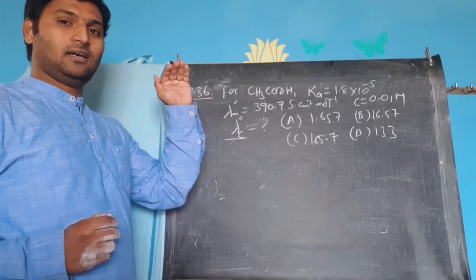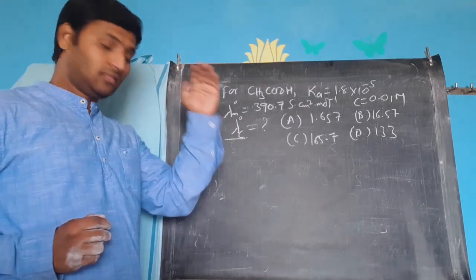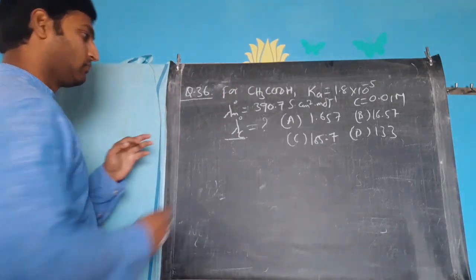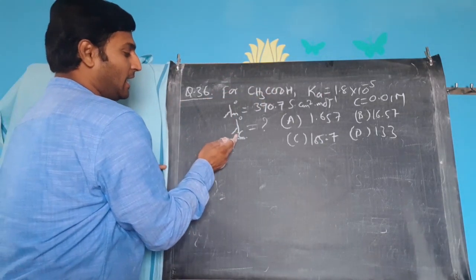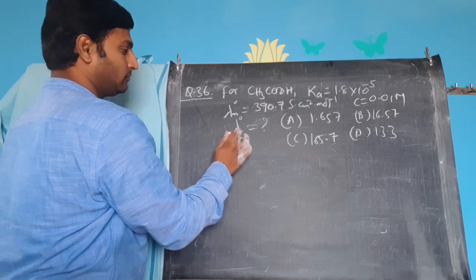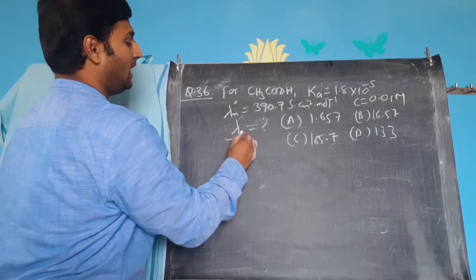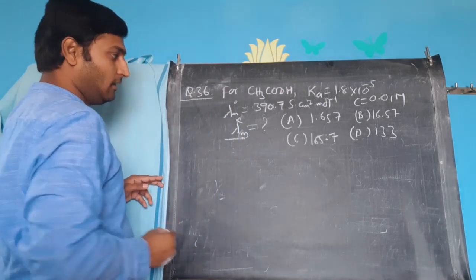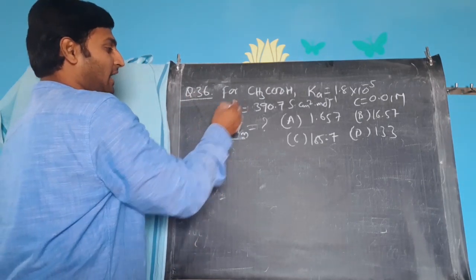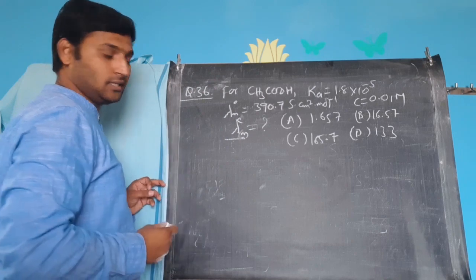Now see here, the question is similar to the 33rd question that you have already solved. What we need is lambda m at a given concentration. What is given is lambda m at infinite dilution or zero concentration.